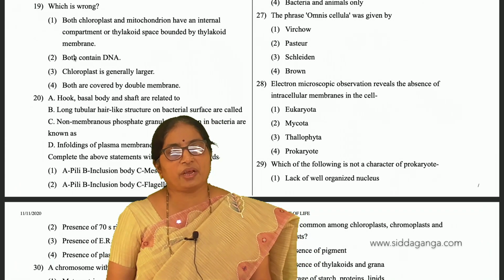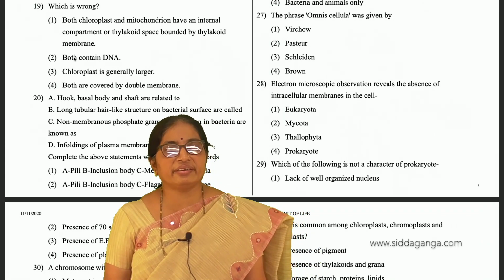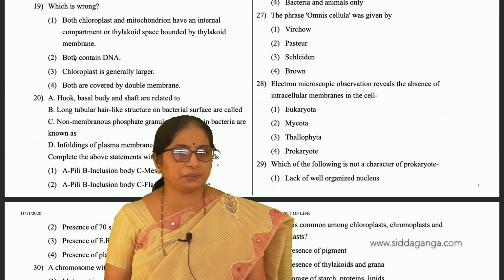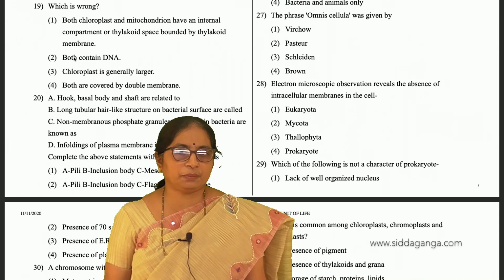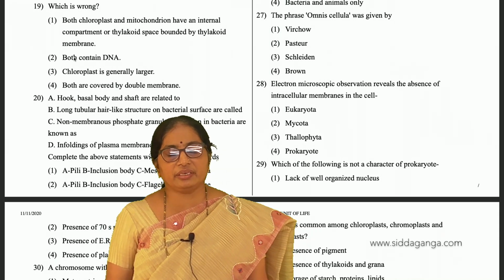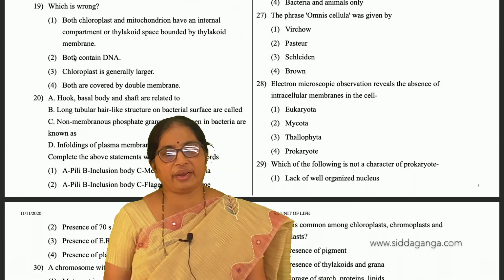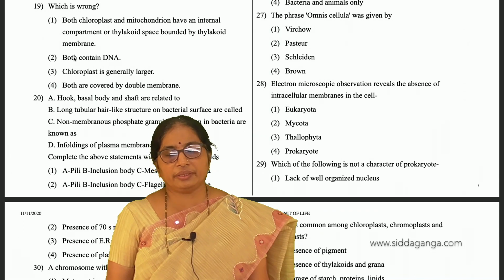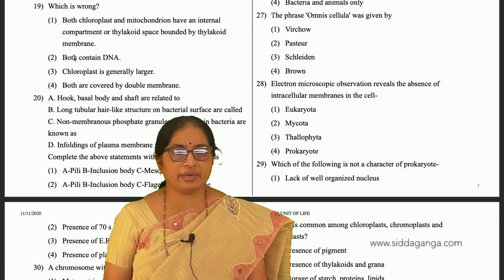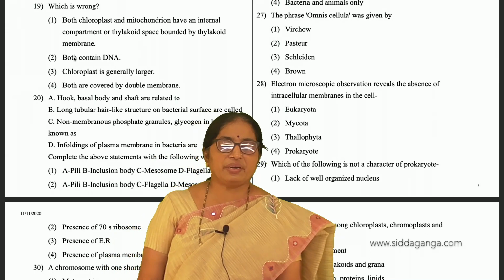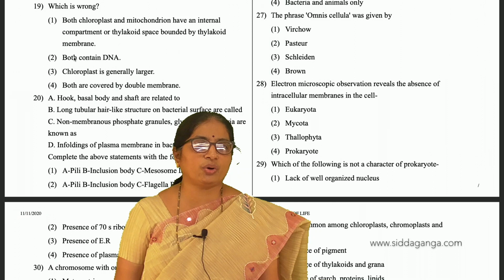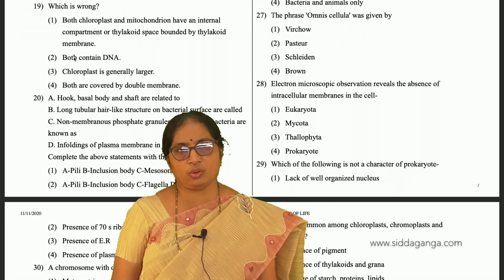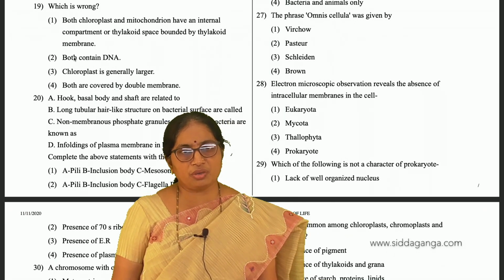Only chloroplast have thylakoid space and thylakoid membrane, but in mitochondria there is cristae, and on the cristae there are F1 and F0 particles. So elementary particles are present in the mitochondrion, and this thylakoid space and thylakoid membrane is restricted only to the chloroplast. Therefore, that is a wrong statement.